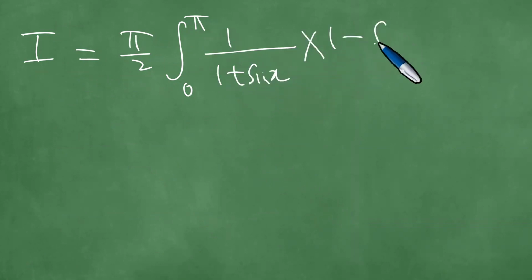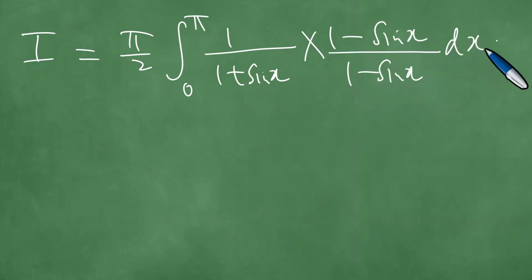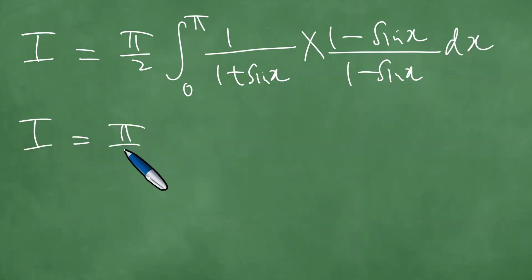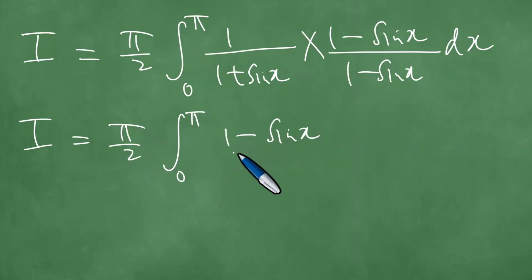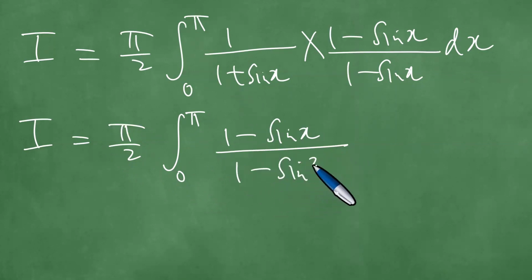We multiply by 1 minus sine x over 1 minus sine x, dx.